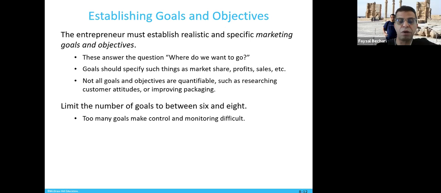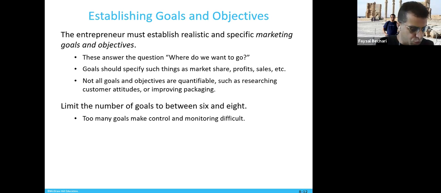These are all quantifiable. Now, limit the number of goals to between 6 and 8. Too many goals is very hard to monitor. So you want to see how many people are coming back. You want to see how many people are happy.